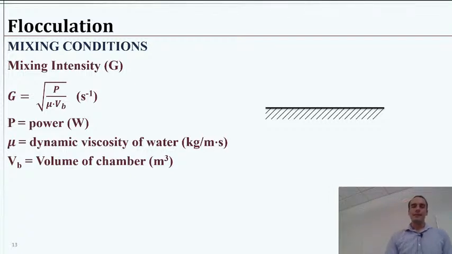So mixing intensity, we can describe as a gradient where we might have, let me do it this way. We might have some velocity of water flowing next to some surface. Maybe this is the paddle wheel that's doing the mixing. Maybe this is the edge of the reactor.